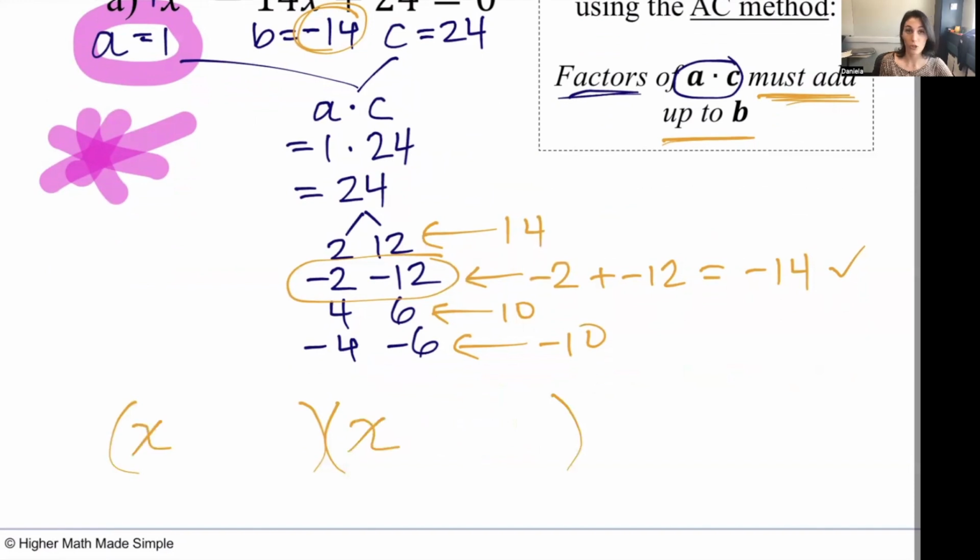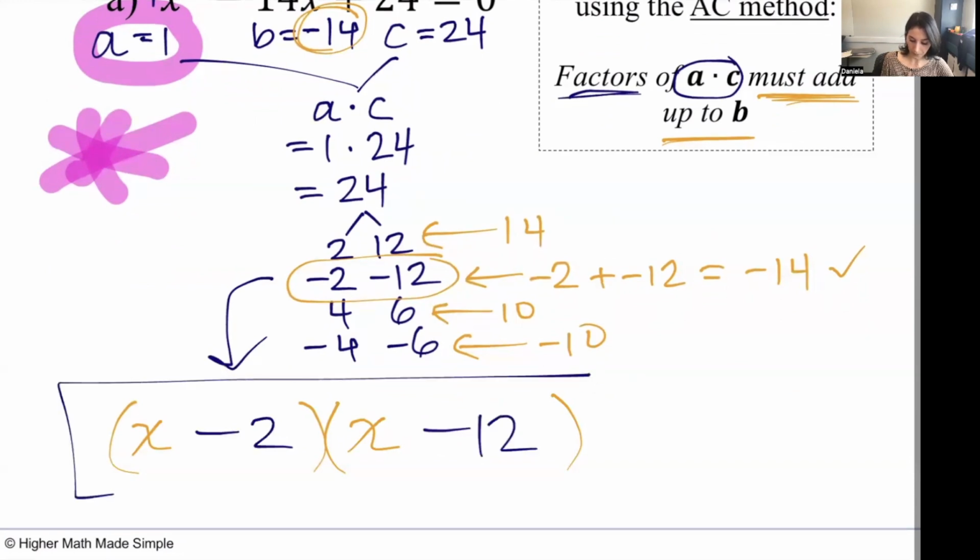The first terms are just x. And then these two factors that we found, because both are negative, I'm going to write minus 2 and minus 12. Done. For A equals 1 problems, once you pick your factors, you just pop them right into that template.